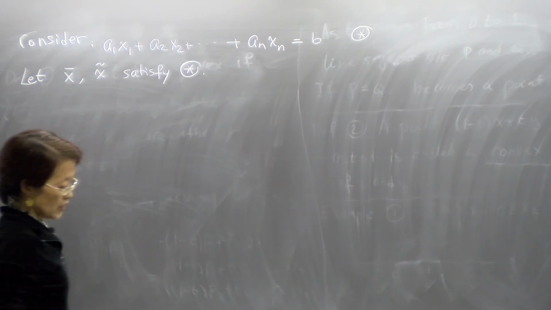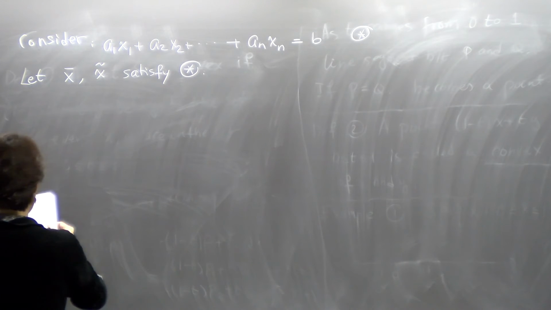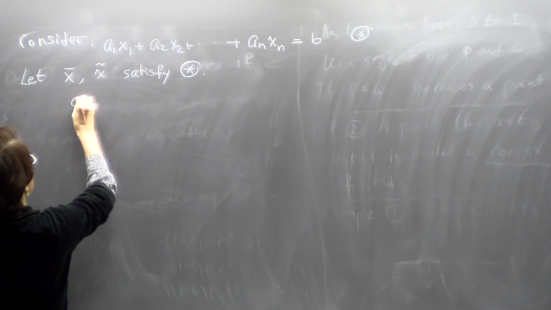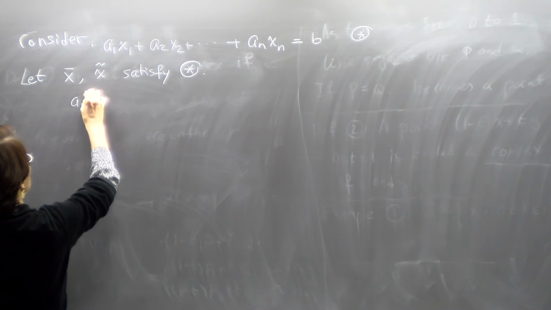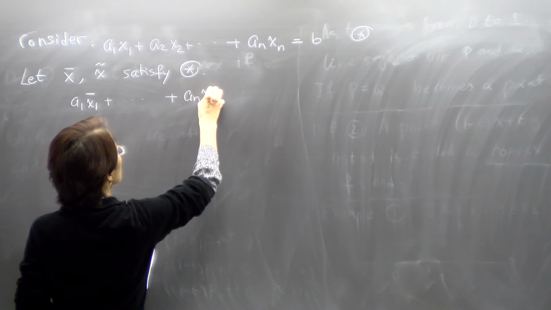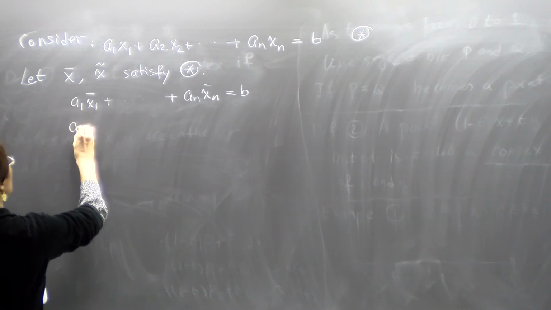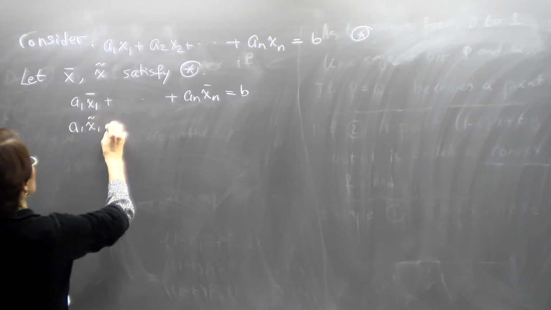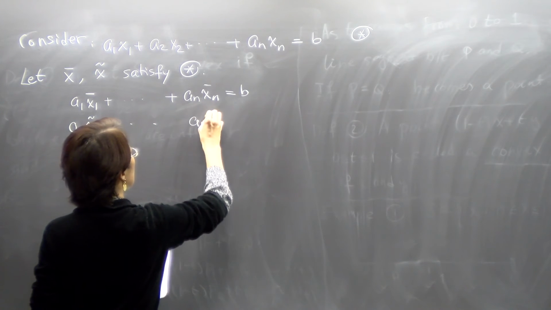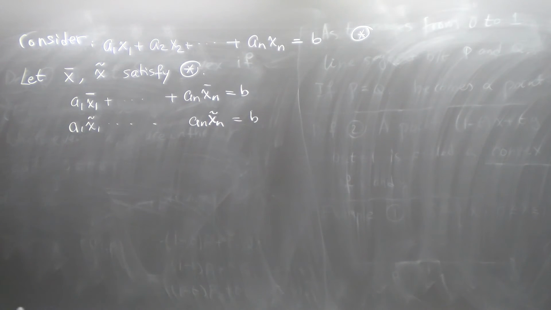So those are the 2 points in this set formed by star. What that means is that I have the following: a1 x1 bar plus all the way to an xn bar equals b, and a1 x1 tilde plus all the way to an xn tilde equals b. Is that clear? I just write this out.